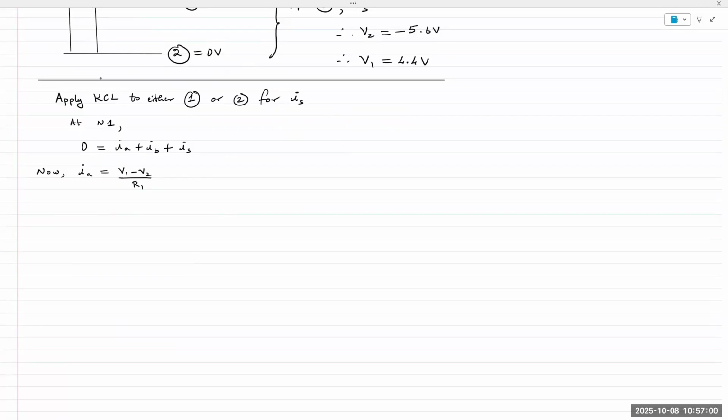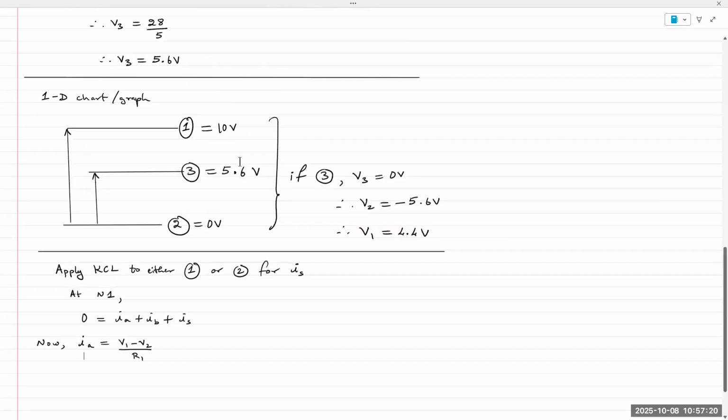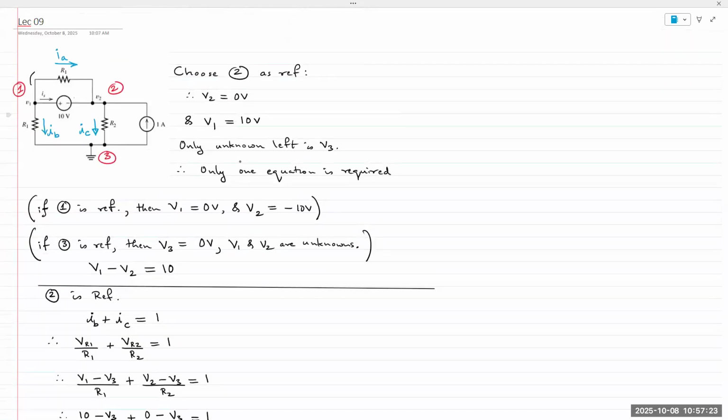Once you have the node voltages, you can determine anything else in the circuit, right? You have V1, V2, and V3, so you can find the voltages across all the resistors. Once you have the voltages across the resistors, you can find the current flowing through each and every resistor. So IA, from my assumption, is going from left to right. That means I'm stating V1 is higher than V2, which is of course the case anyway. And so it would be V1 minus V2 over R1.